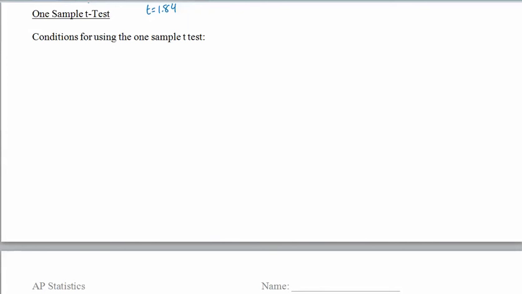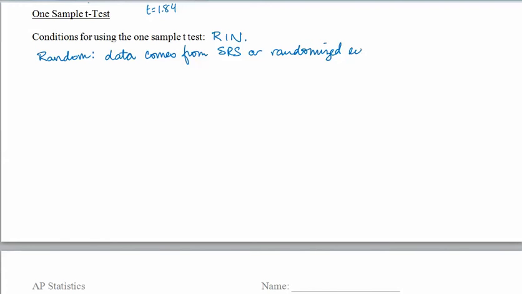So first off, what are our conditions for using the one sample t-test? Once again, we need to look at RIN. So, random: the data comes from an SRS or a randomized experiment. Independent: each sample is independent.